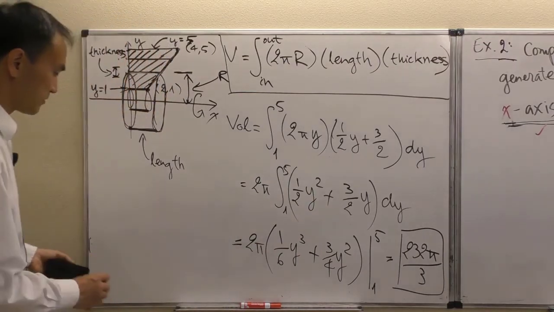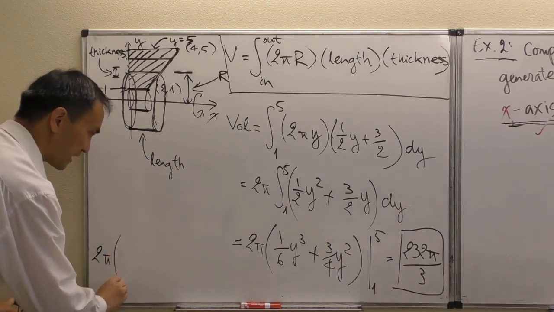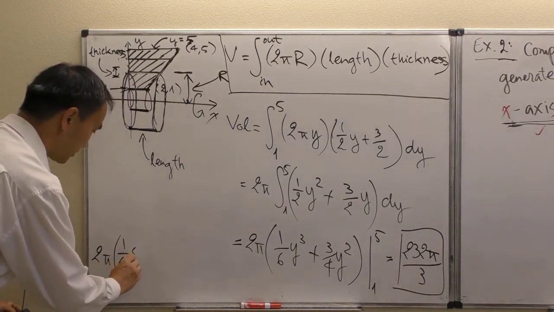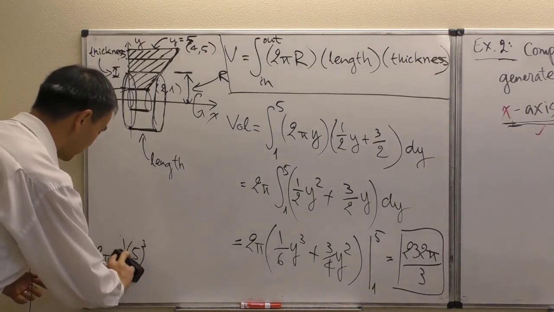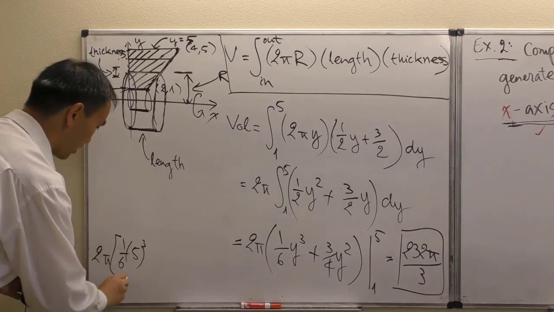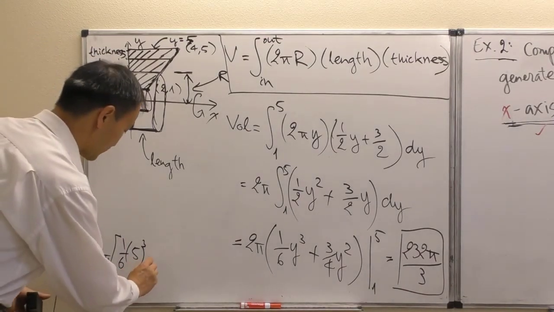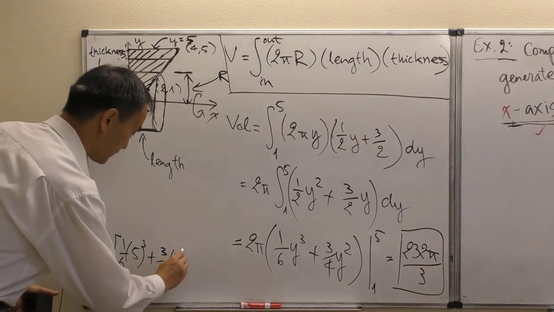now I'm going to have to take away some space right here, but we're going to go 2 pi, right? That antiderivative, 2 pi times 1/6, but now we're going to substitute 5 in there at the cube. I'm trying to explain where that value comes from, even though the calculator is a lot faster. So it's 3/4 times 5 squared.